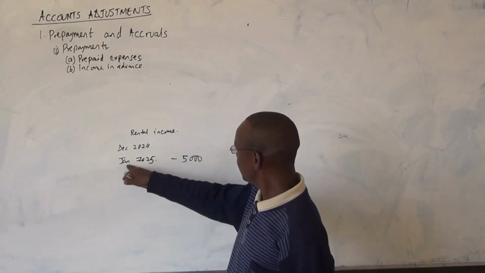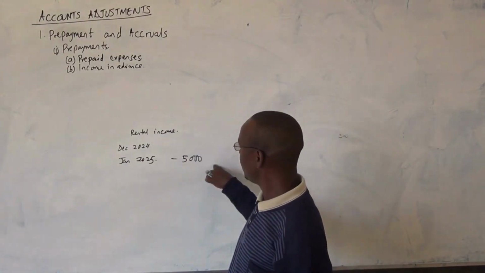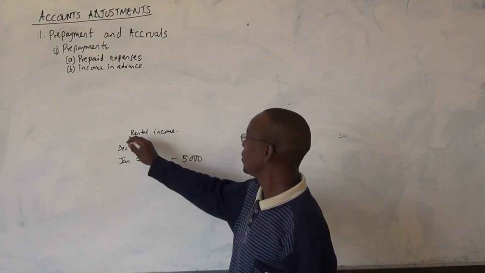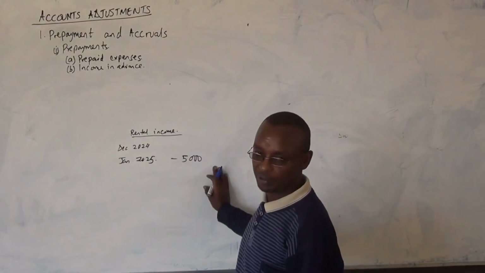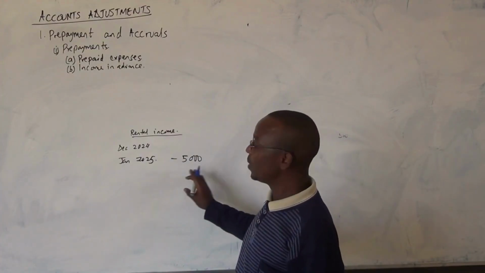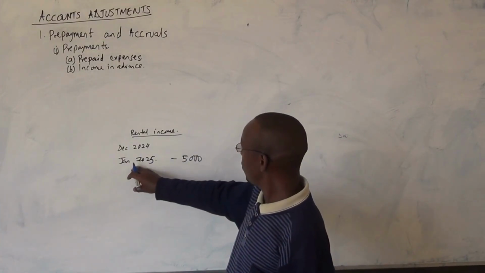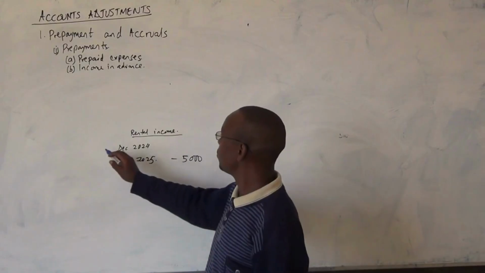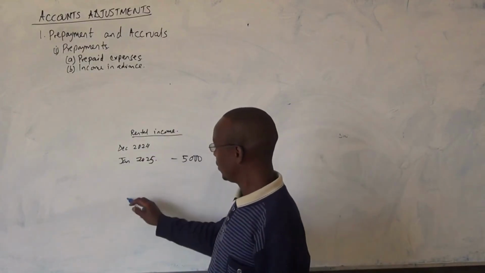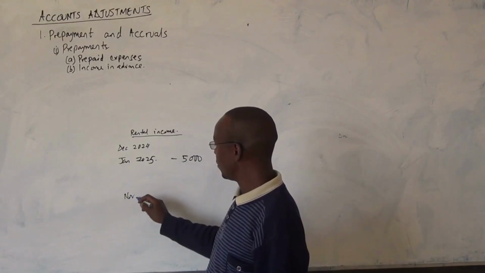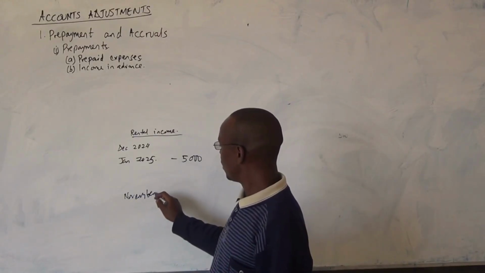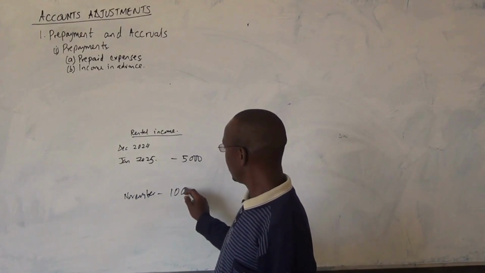So they pay rent on a monthly basis, 5,000. This money was paid in November. Somebody paid in November 10,000.